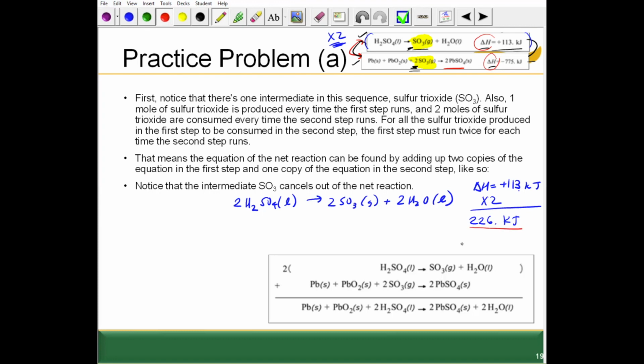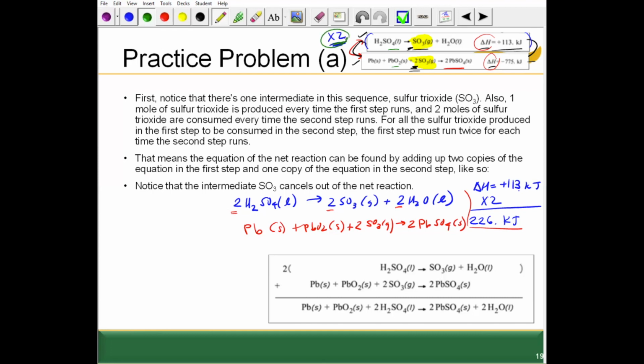So that delta H then equates to 226 kilojoules because we multiplied all these molar coefficients by a factor of 2. Then in our second reaction here, Pb solid, so lead solid, PbO2, also a solid, plus 2SO3 gas goes to 2PbSO4 solid.